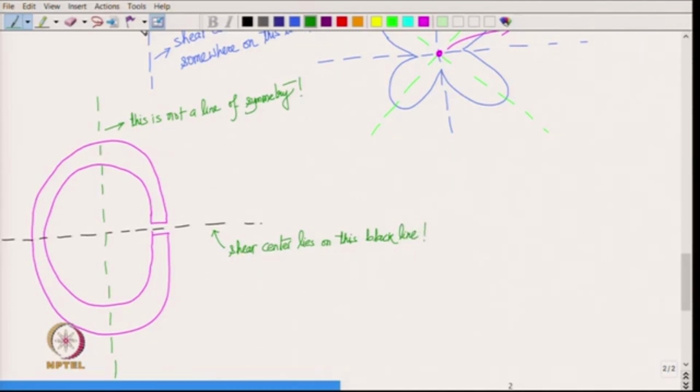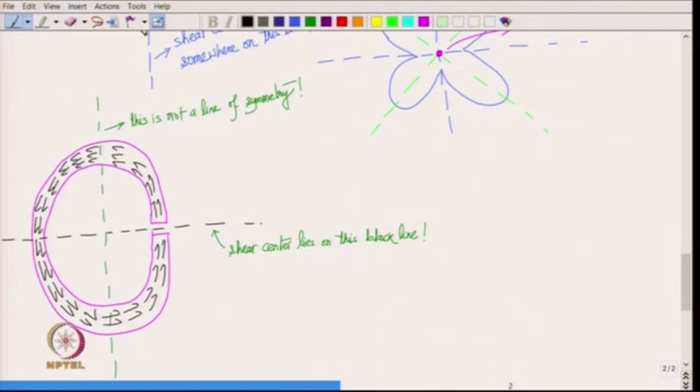And since it is open and say it is also thin, then we know the shear stress is going to flow along the periphery of the cross section, okay.